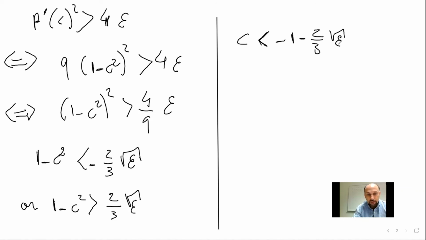Or the second case is c squared less than 1 -2/3, which means c belongs to, so sorry, I forgot. It's not that, it's that.